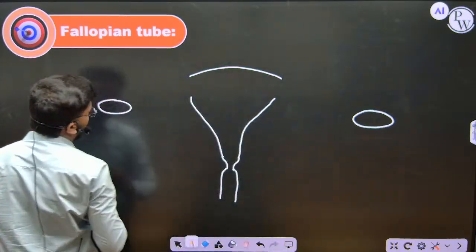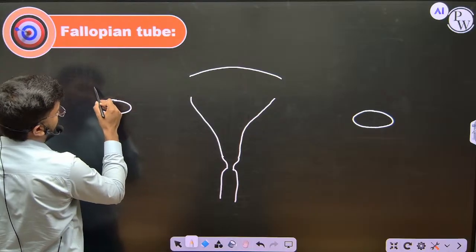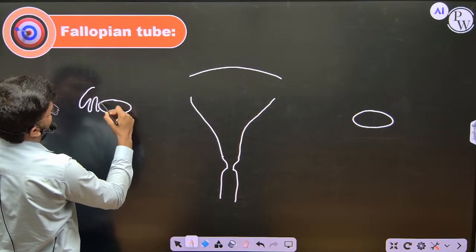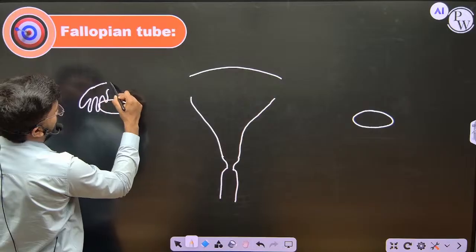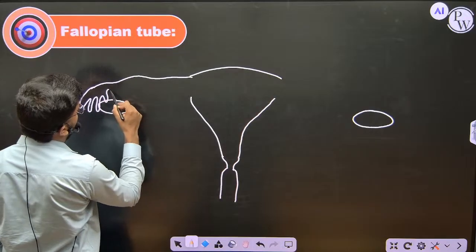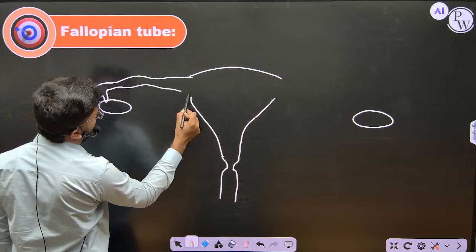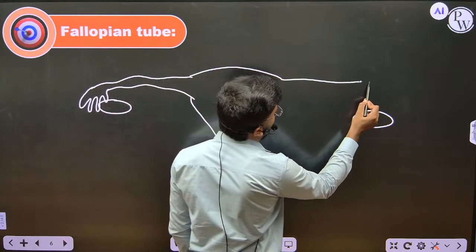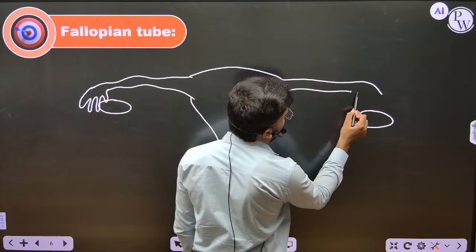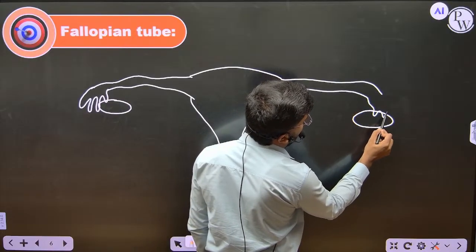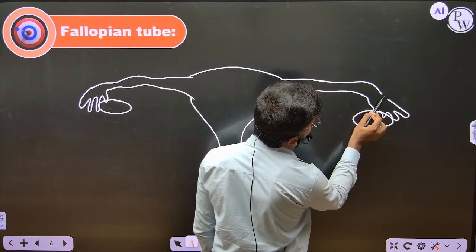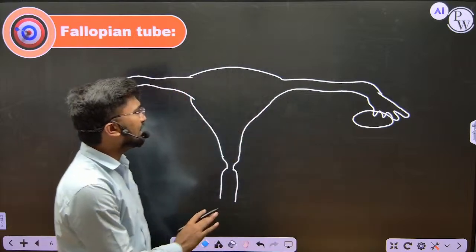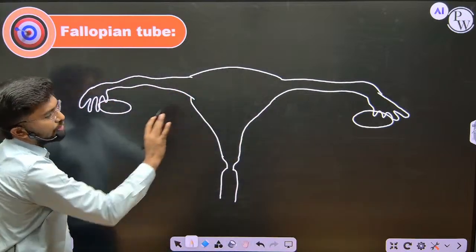So the starting point of the fallopian tube is this one, and the ending is this. Here it is the ending and this is the starting, and there will be some finger-like projections. We will see in detail. Now this is the fallopian tube, right?